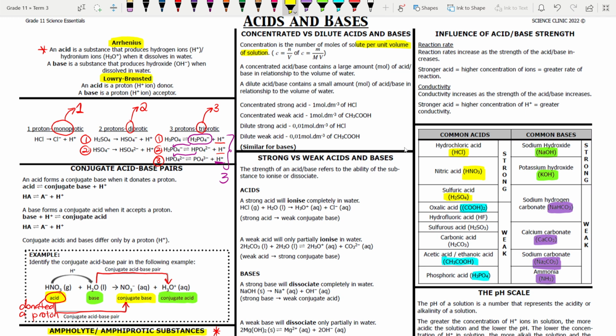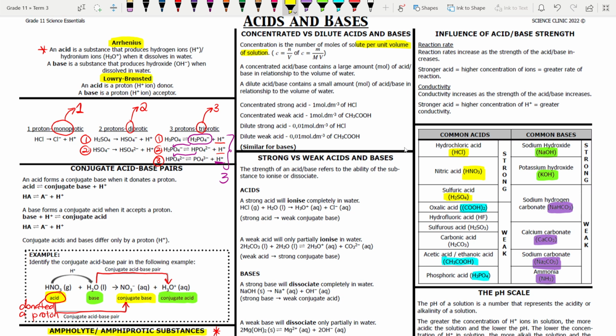And then they say a concentrated acid or base contains a large amount of moles of an acid or base in relation to the volume of water. So if I say this acid is concentrated, it means I have more of the acid, which is the solute, than the water, which is the solvent. So we call that more concentrated.